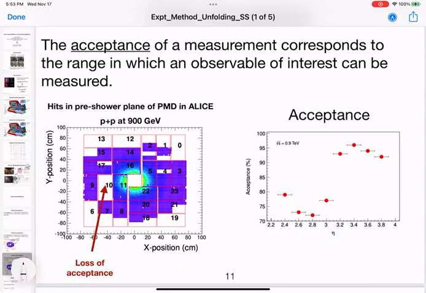You can see this point here is very close to the beam rapidity, where the density of particles is higher. So the acceptance close to the beam rapidity is better. And you can see also here, when we look at the higher rapidity, our acceptance is very good, close to 95%.